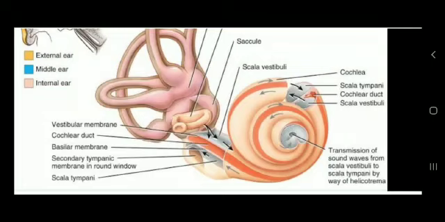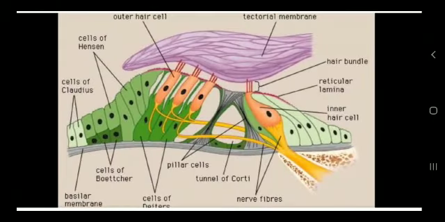Next we'll go to the organ of Corti, the sense organ of hearing, which is situated on top of the basilar membrane in the scala media. This is the diagram of the organ of Corti. It contains the auditory receptors, the peripheral receptors of the sense of hearing.